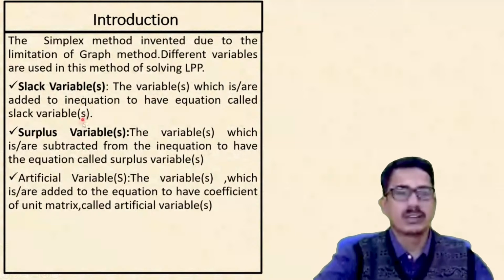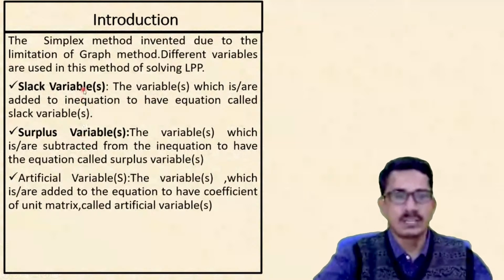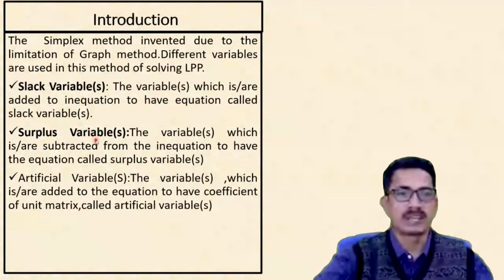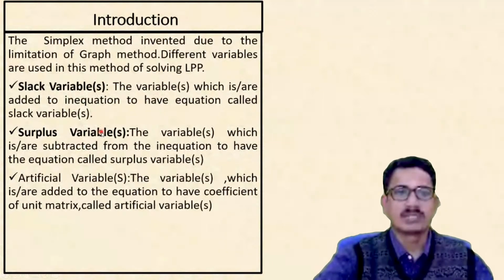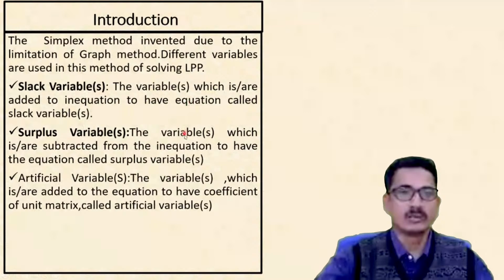Both are opposite to each other. Like the slack variable is for addition, this is for subtraction. But the ultimate objective is that both are required to convert the inequations to equations. The slack variable is added if less than or equal to is given. Let me show you so you can understand.